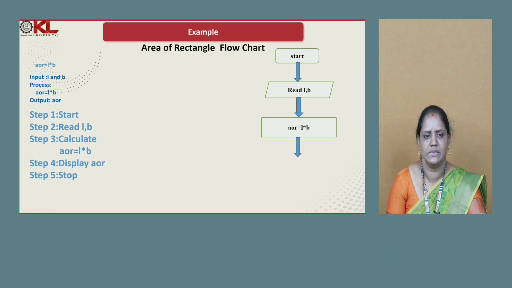The next step is displaying the area of a rectangle, meaning an output statement, and to represent the output statement we use the parallelogram, print area of rectangle, and the last one is stop. Again the stop is represented with the rounded rectangle. So this is the flowchart we use to represent an algorithm in pictorial format. By seeing the flowchart, one can easily understand the procedure we are following to solve the problem.